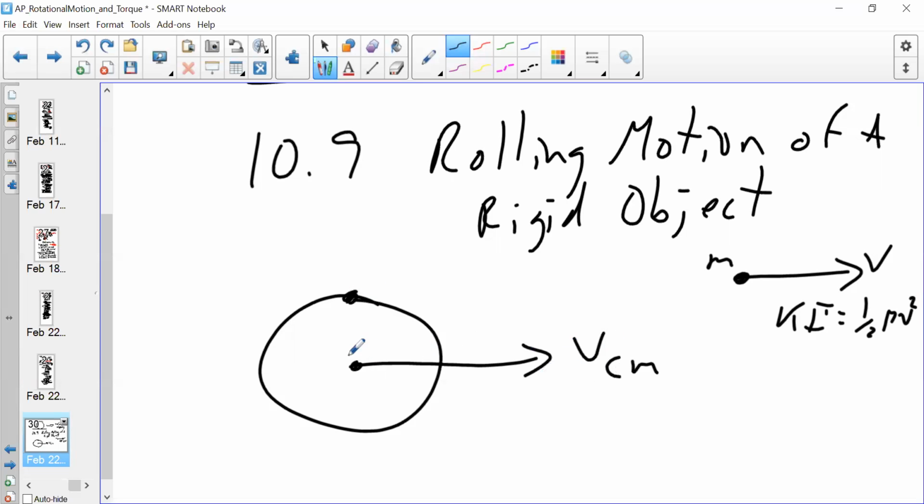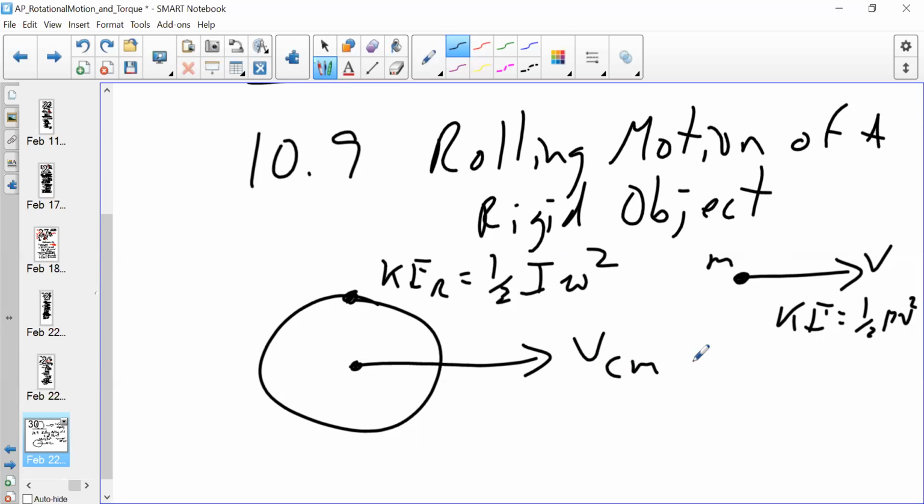If you have any point that's outside of the center of mass, it's going to be rolling forward essentially, but it's also going to be rotating about the center of mass. So there's going to be a rotational kinetic energy about all the points that are not the center of mass. All of these points out here are going to have rotational kinetic energy, which is given by 1/2 I omega squared.